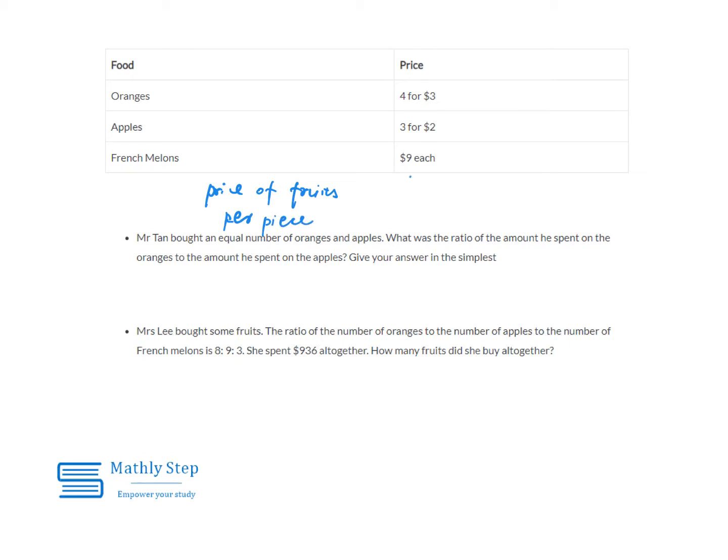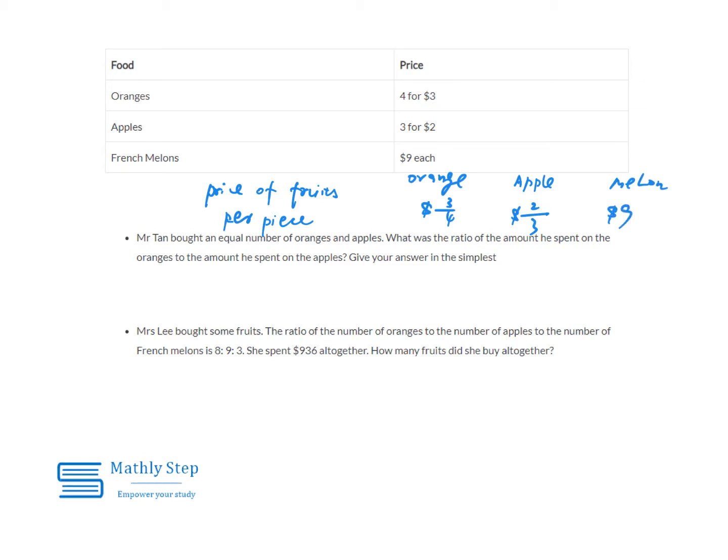For orange, that's going to be $3 divided by 4. For apple, that's $2 divided by 3. And for French melons, that's going to be $9.